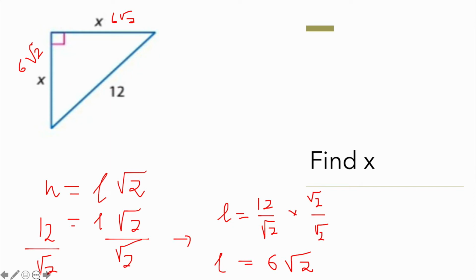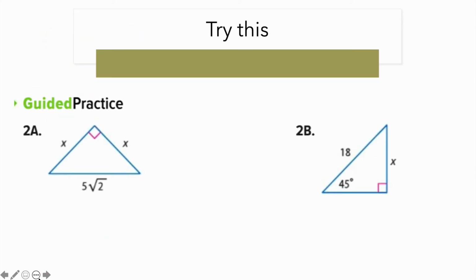Now you can try this example. Pause the video and try the example where you are given the hypotenuse, the h, and you need to find the length. After then you come back and you get that h is equal to length root 2. This is equal to 5 root 2.